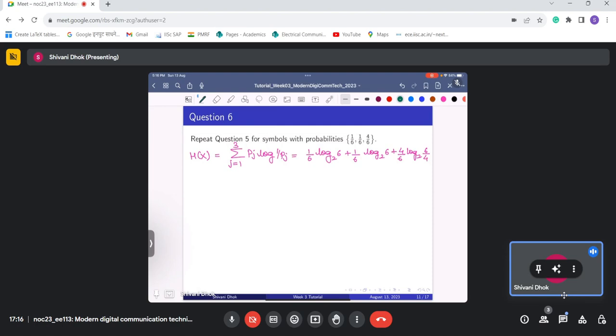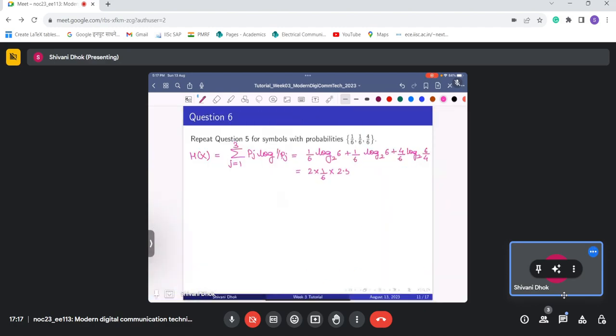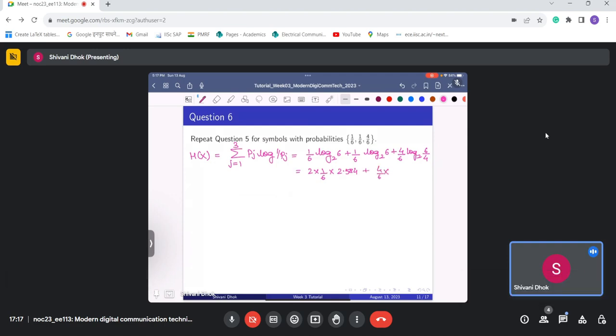Now if I solve this, this comes out to be 2 into 1 by 6 into log 6, which we have found out as 2.584, plus 4 by 6 into log 6 by 4, which we had found out as 0.584, and this comes out to be approximately 1.25 bits. Approximately, this is not exact, it will have more decimals here.